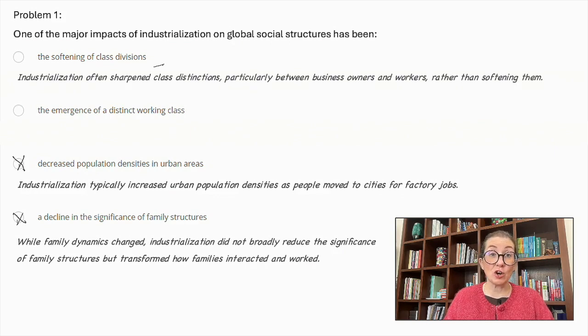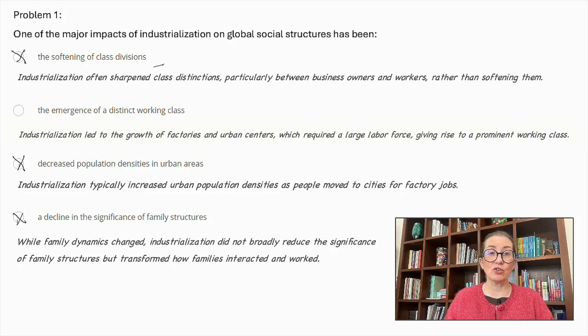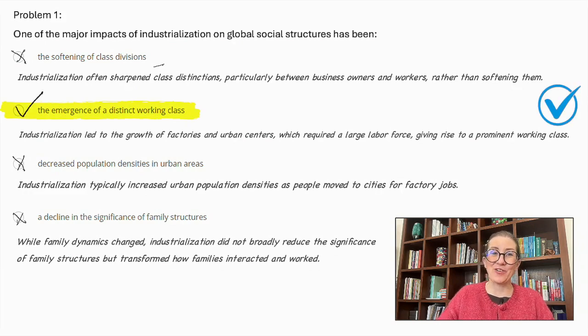Industrialization often sharpened class distinctions, particularly between business owners and workers, rather than softening them. So that is incorrect as well. The emergence of a distinct working class. Industrialization led to the growth of factories and urban centers, which required a large labor force, giving rise to a prominent working class. So this indeed is the correct answer.